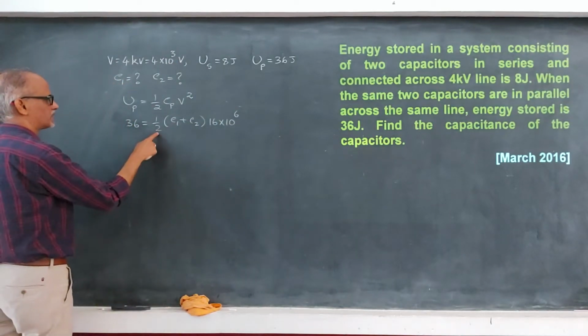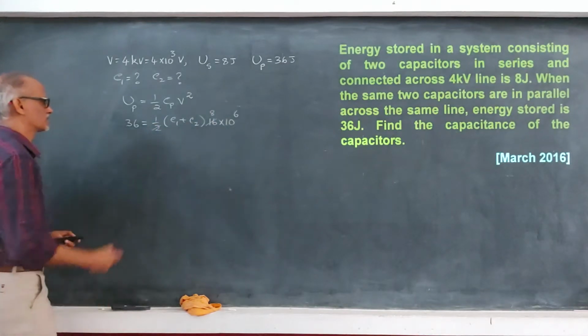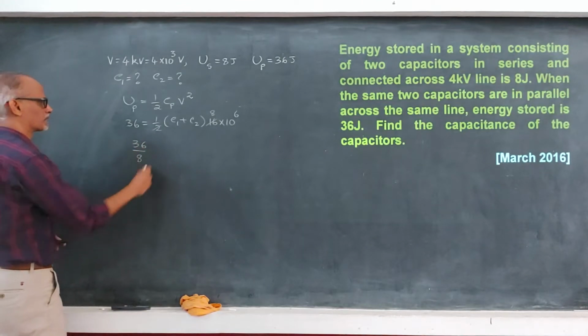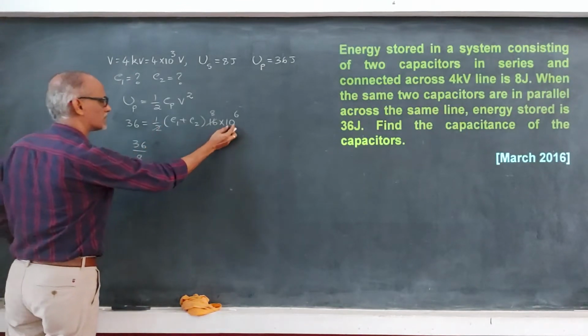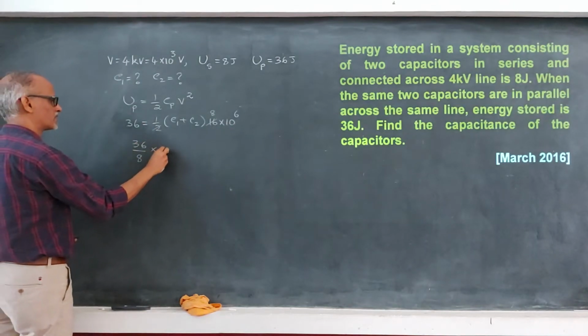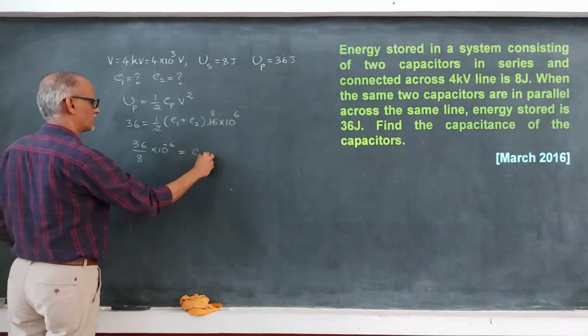So, here we have 2 8 times, then we have 36 by 8 is equal to, or we will bring this to the left, that becomes 10 to the power 6, and then when taken to the numerator it becomes 10 to the power minus 6, that is equal to C1 plus C2.